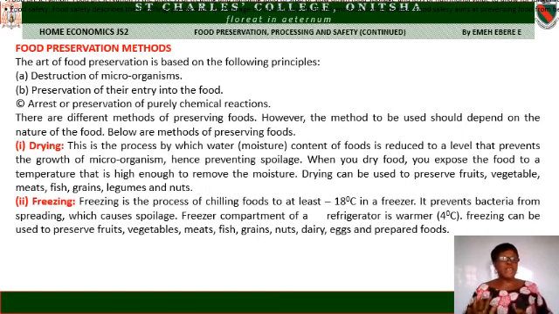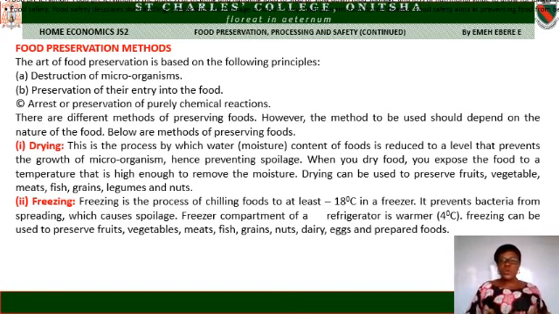B. Prevention of their entry into the food, which means that some of them are used to prevent the entry of these microorganisms into the food we eat. And C. Arrest or prevention of purely chemical reactions, which means that most of them are used to stop chemical reactions.